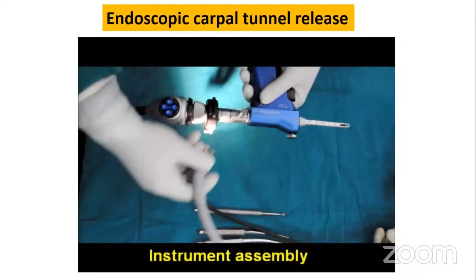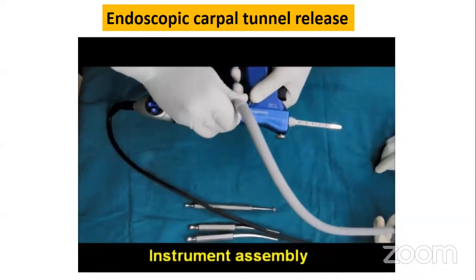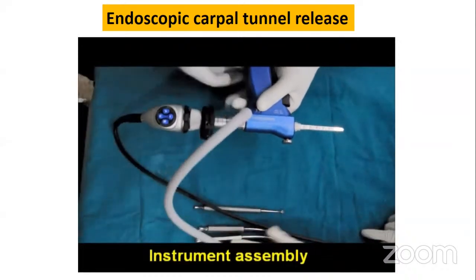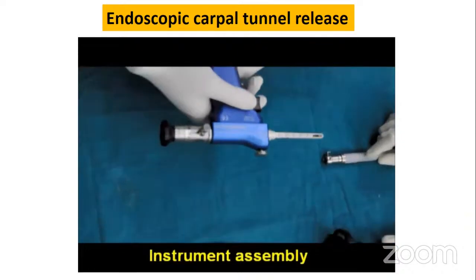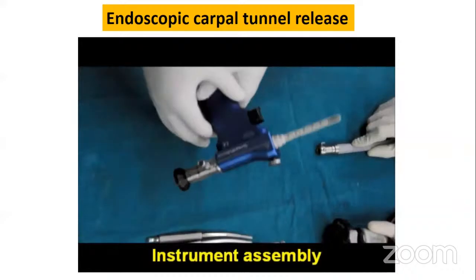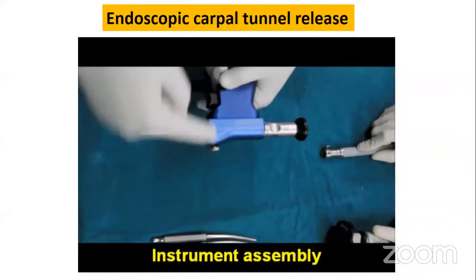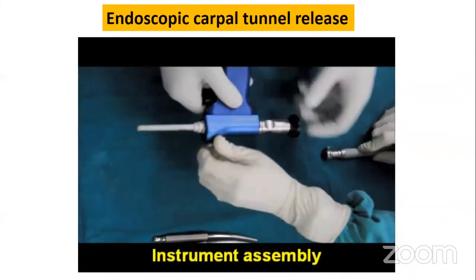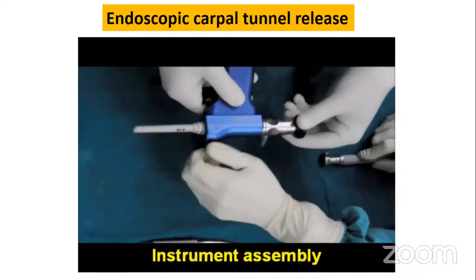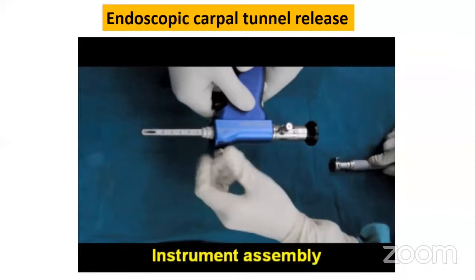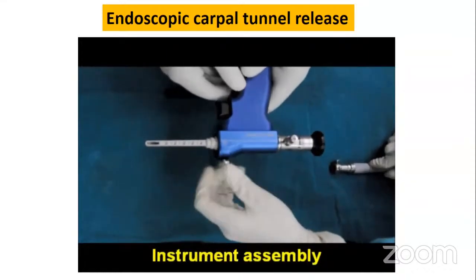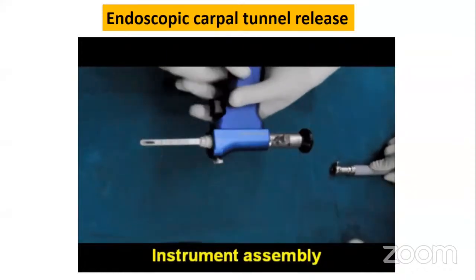The same light source and camera which you use for routine arthroscopy for other joints can be used. So the only cost is basically the scope and the blades. The blades are disposable, and that's the main charge. The scope is again quite expensive, and the assembly itself is expensive.